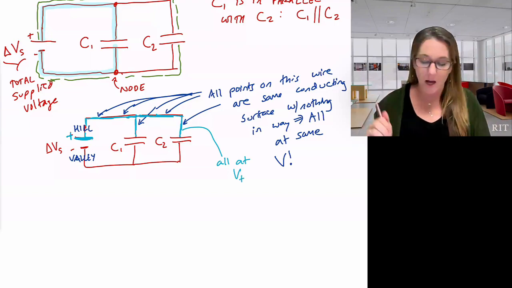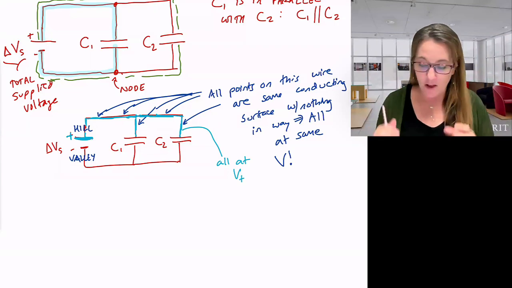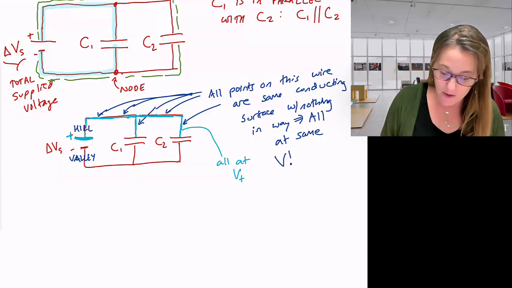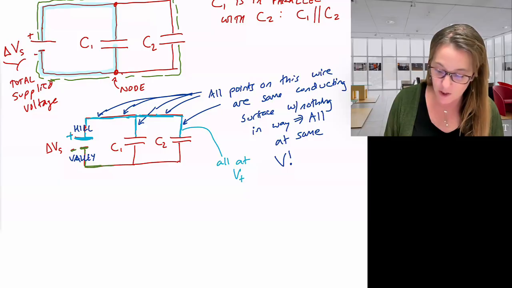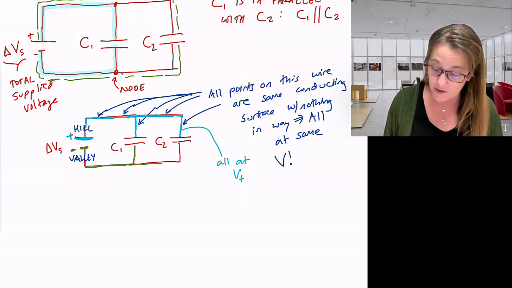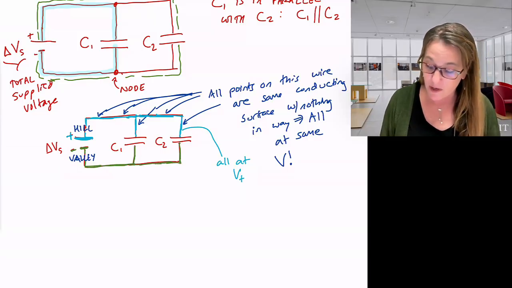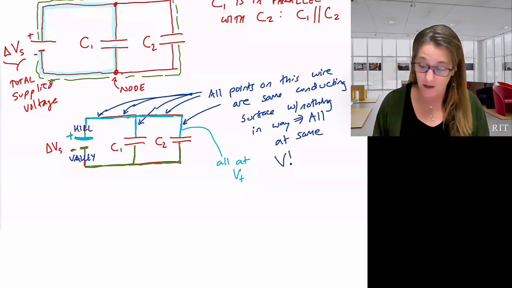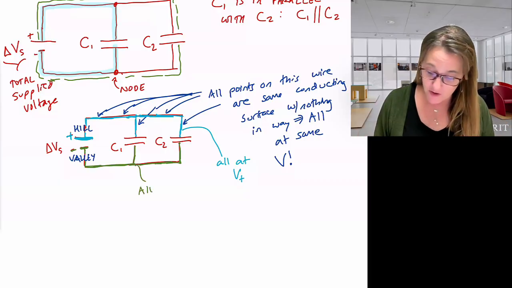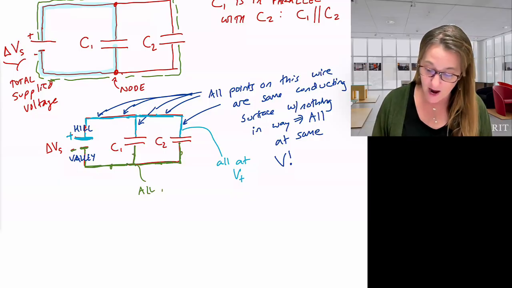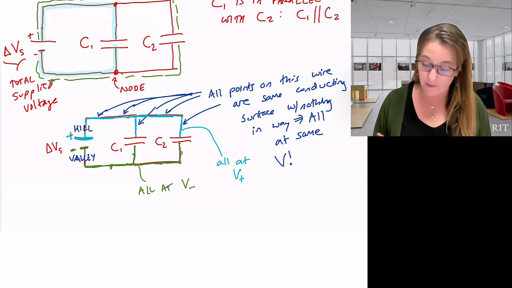So we want to visualize that voltage, that hill. They're all at the top of the hill. And then on the other side, we can make the same case. This is our minus portion. These are all the same conductors, same conducting surface as well, with nothing in the way. And so all of these points, no matter where, are at our V minus.